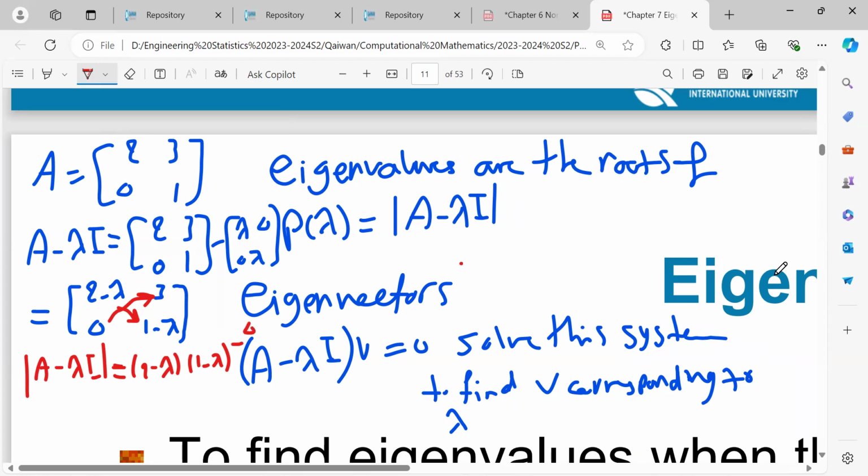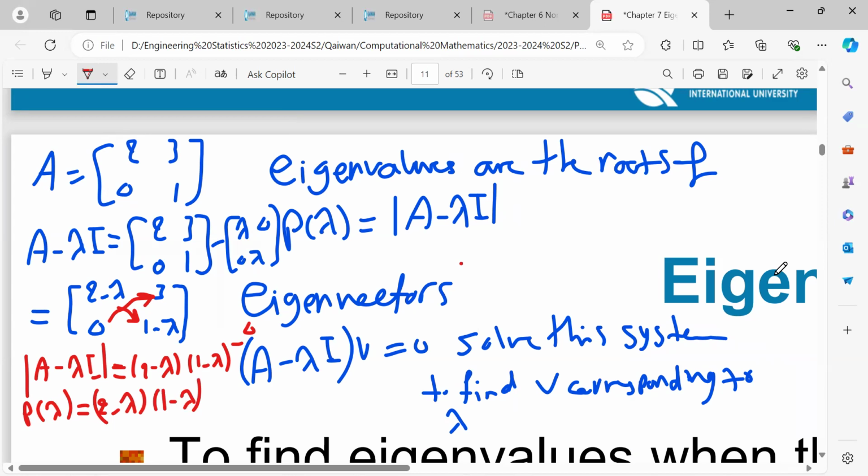Now, this is P of lambda. P of lambda is 2 minus lambda times 1 minus lambda. We don't need to expand it actually, as it's already factorized. We need to solve it, okay?